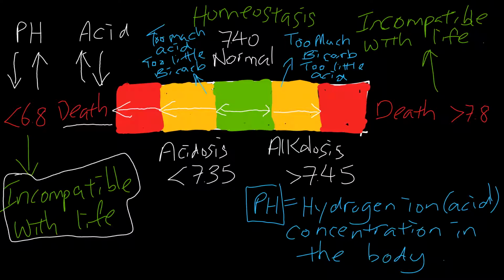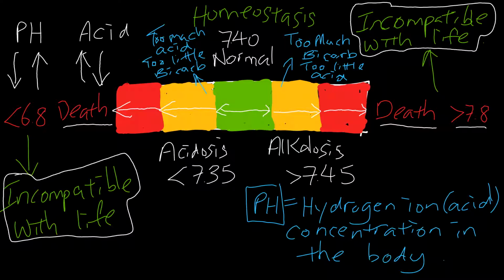And if it continues to increase, and it reaches 7.8 or greater, then the patient will die, again because at this level it is considered incompatible with life. So the goal for the patient is to stay in a homeostasis state where the pH is around 7.40, or anywhere between 7.35 and 7.45.